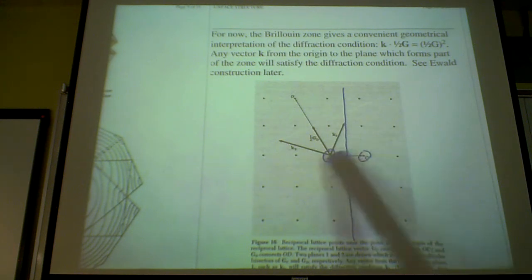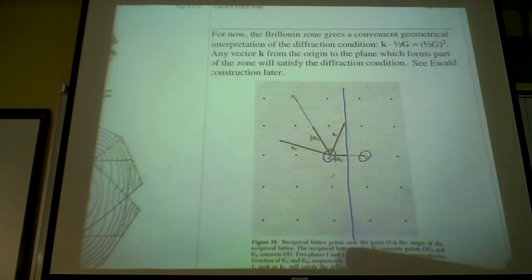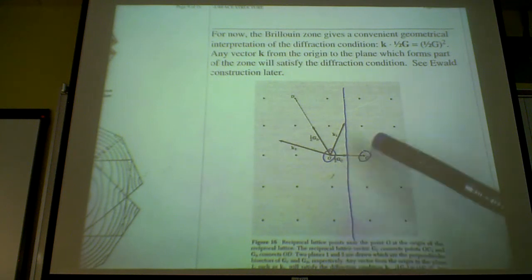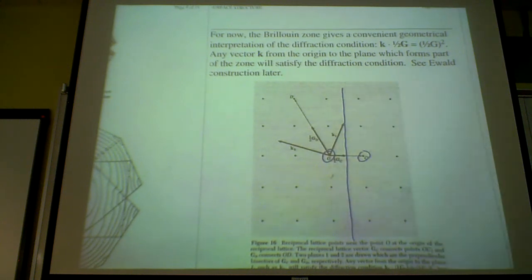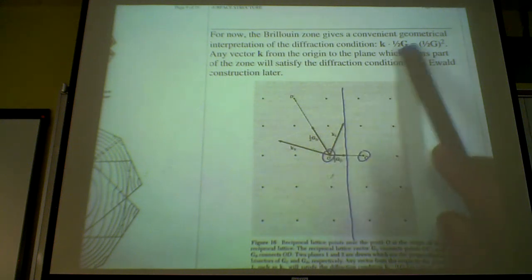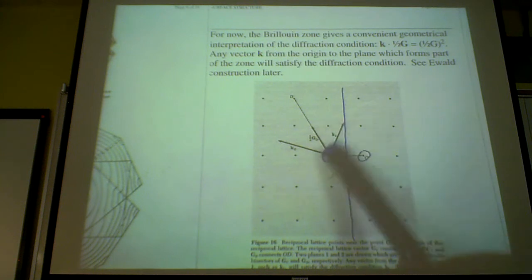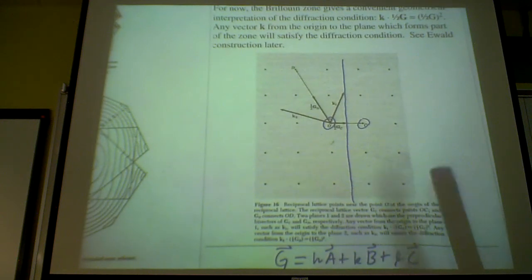So you can think of this, my Brillouin zone, right? This is my reciprocal vector. So my vertical plane here is my zone boundary, right? So any vector that hits the zone boundary will satisfy the diffraction phenomena because the bisector will give you 1/2 this. So any of these will give you diffraction phenomena, and it will satisfy the Ewald construction.